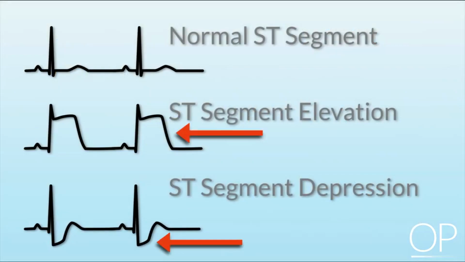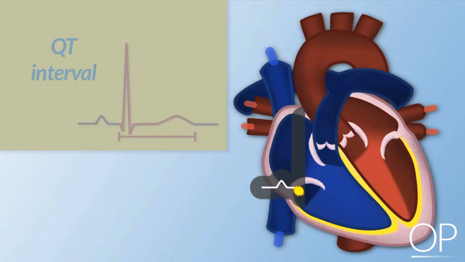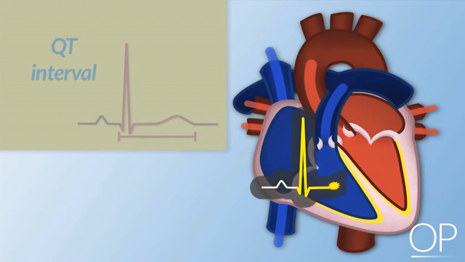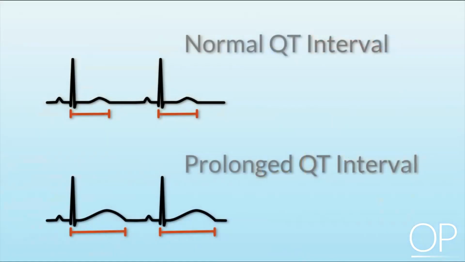Elevation or depression of this segment may indicate heart muscle ischemia. The QT interval represents the complete depolarization and repolarization of the ventricles. A prolonged QT interval is a risk factor for ventricular arrhythmias and sudden death.